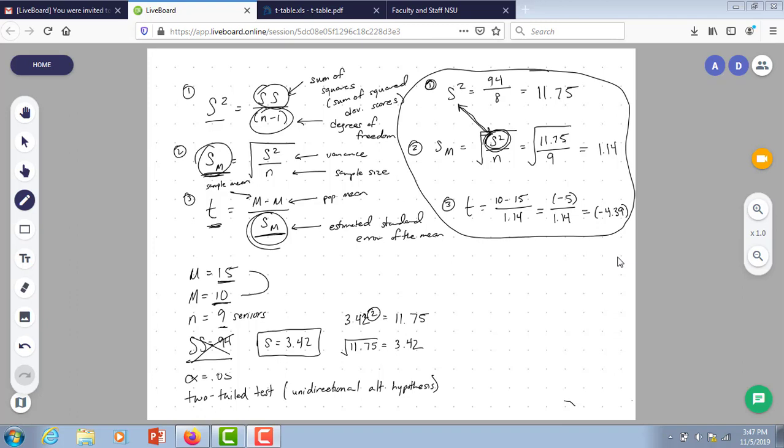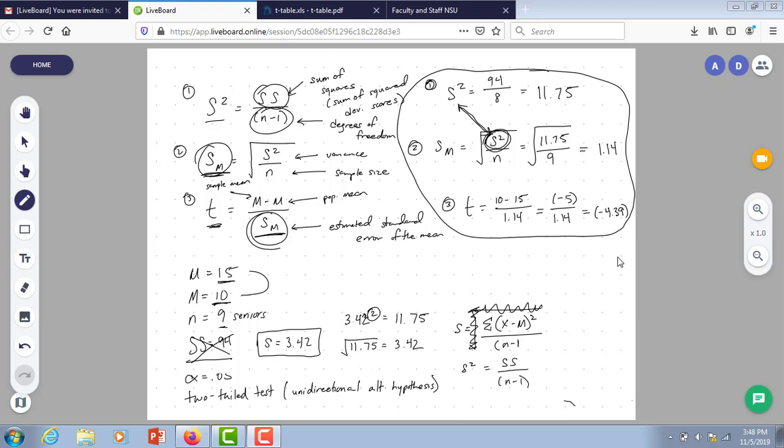Recall that the formula for a sample standard deviation is the square root of sigma (x minus M) squared over degrees of freedom, right? If we take away the square root piece right here, then you will notice that what's left is the variance formula, sum of squares over n minus 1.